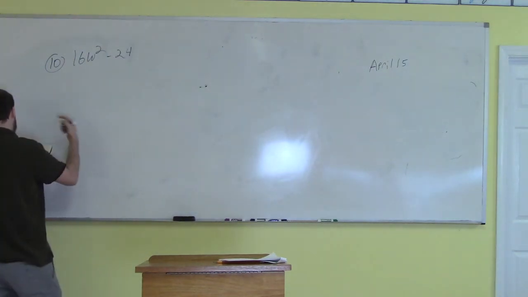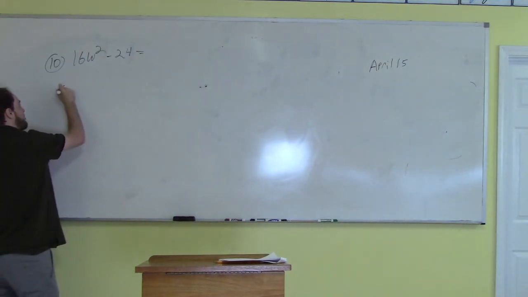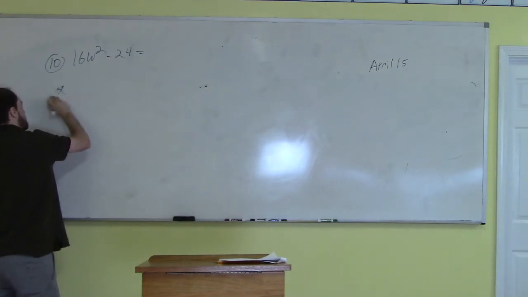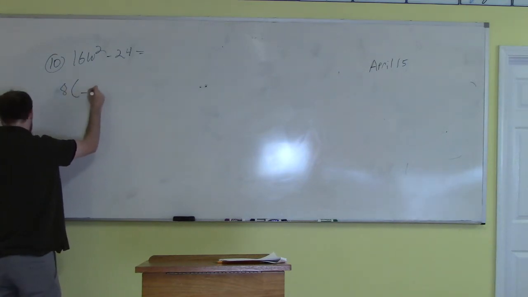And then they start to factor it. And they say, okay, we're going to pull out an 8 from both. And then we're going to say, okay, what goes into parentheses?